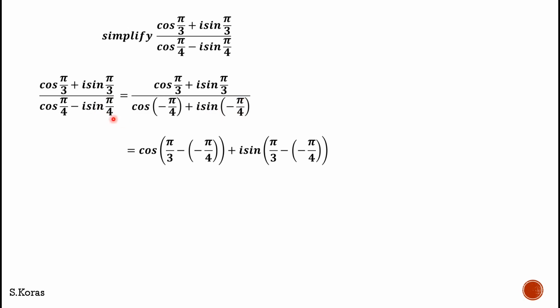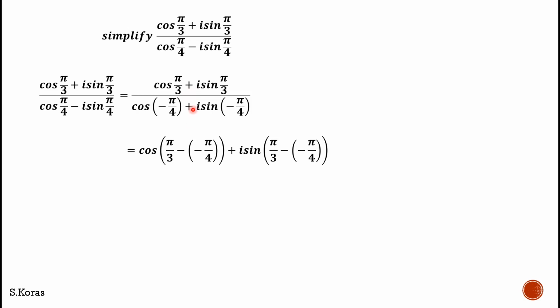Now it becomes plus, because for minus sin pi by 4 we have the formula sin of minus pi by 4. So we have taken minus as well as sin of pi by 4, and it became sin of minus pi by 4. So this minus i becomes plus i. Now these two are in the exact polar form.